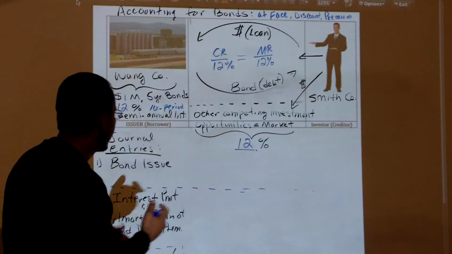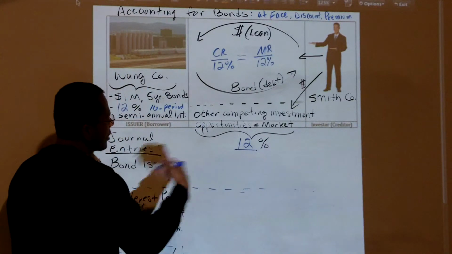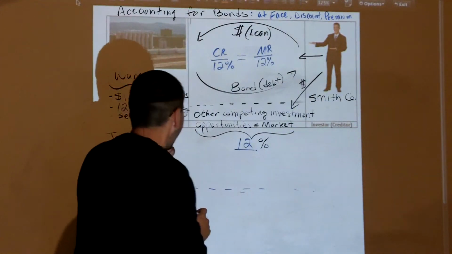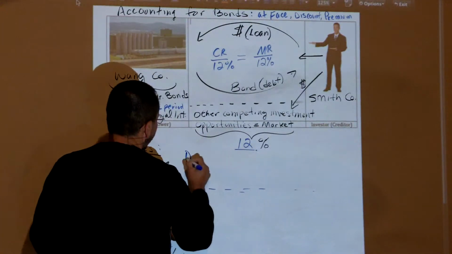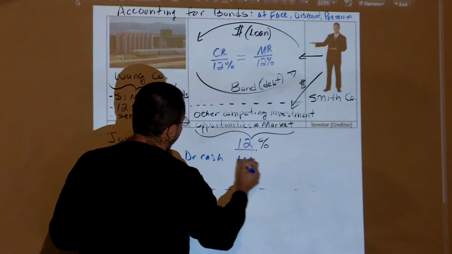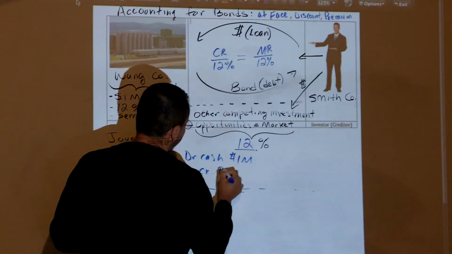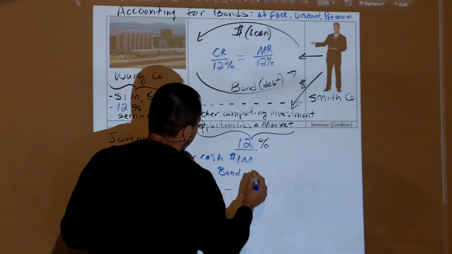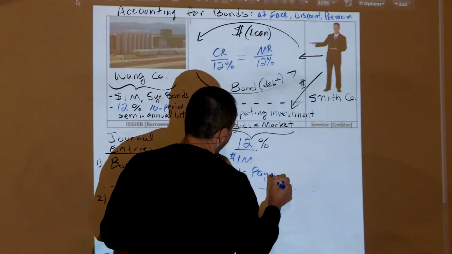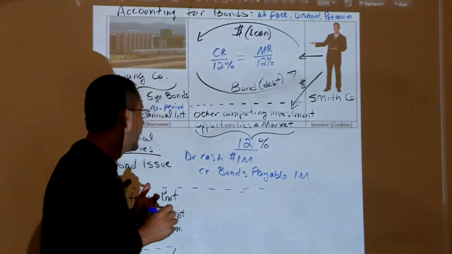So when we do the actual journal entry, we're going to be doing a very simple set of entries here. The bond issue is simply a loan received, or cash received from the investor by Wang. So there's a debit to cash for $1 million, and there's a credit to a long-term liability account, bonds payable, obviously also $1 million.